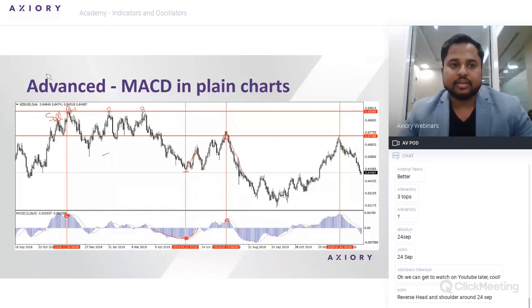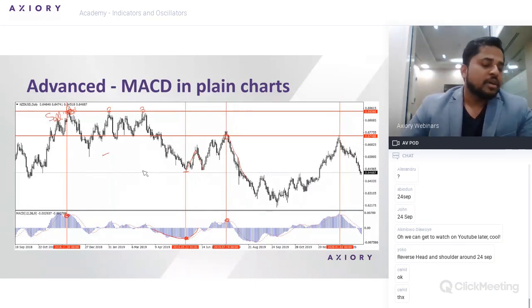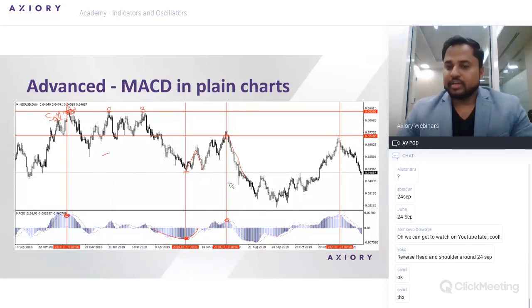As I told in the first example, when a nice bearish pin bar or a resistance comes, then you take it. Okay. 24 September, yes, very good. Yeah, this one, right? The bottom, you can see a nice opportunity here.